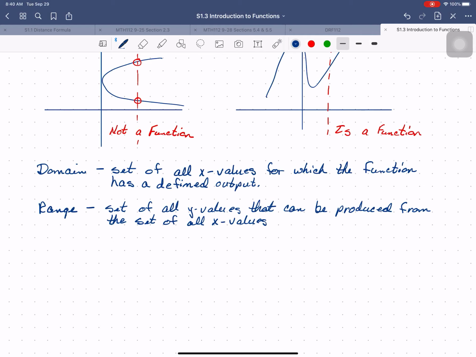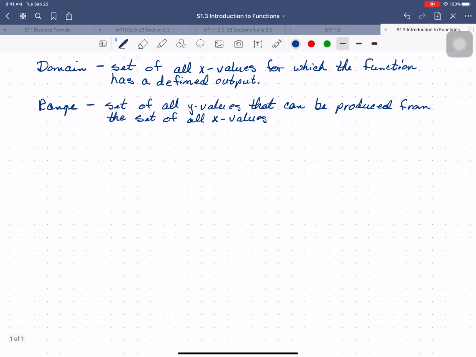So remember what the domain is. The domain is the set of all x values for which the function has a defined output. So there are some rules of the universe that we need to keep in mind when finding domains, because these are the things that are going to tell us what values have to be excluded from a function's domain.